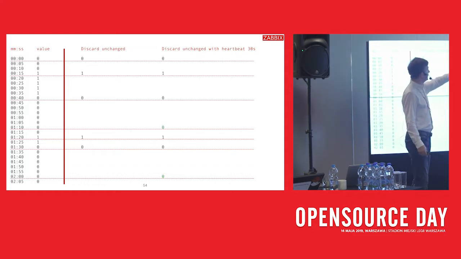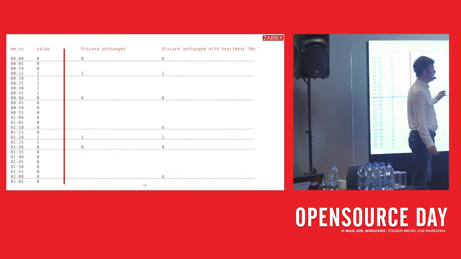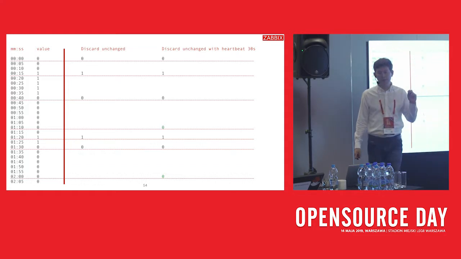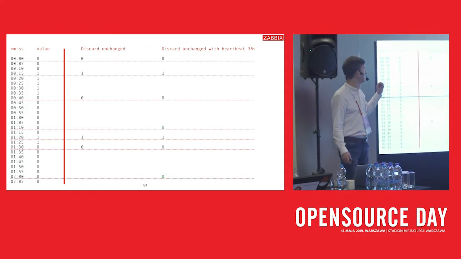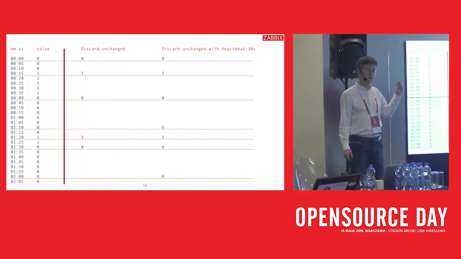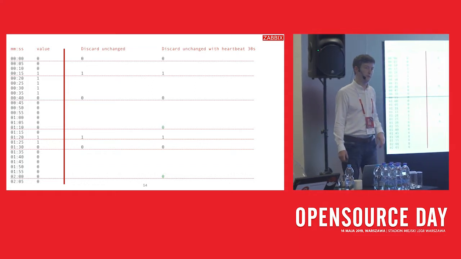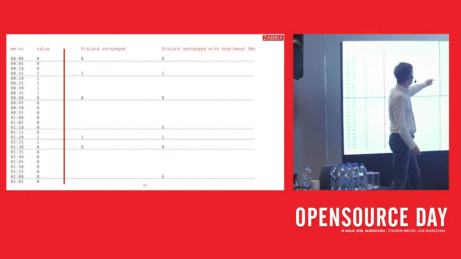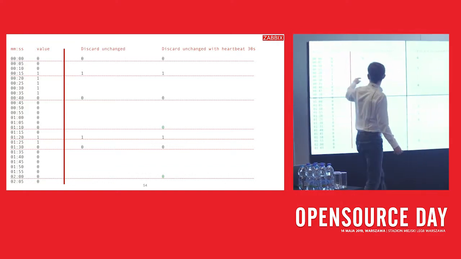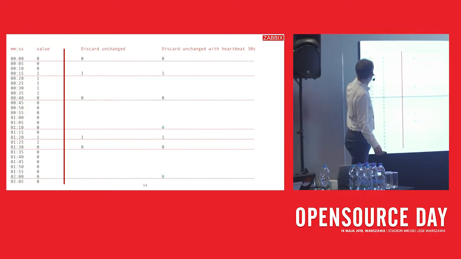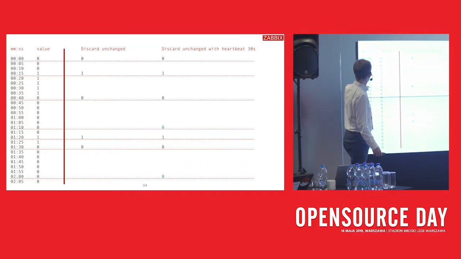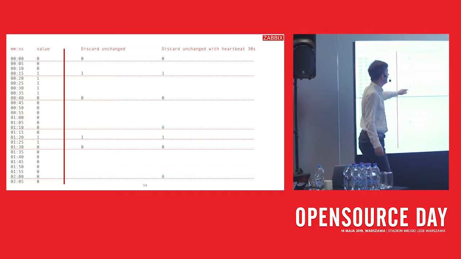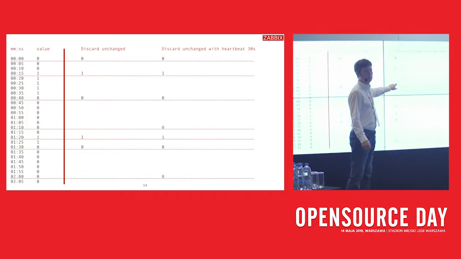So with the heartbeat of 30 seconds, it means that Zabbix will need to retrieve a value, at least one value per 30 seconds, okay? It will keep it. 0, 1, then, as you can see, after 30 seconds, maybe 35, and then next 40 seconds, it will store this value.